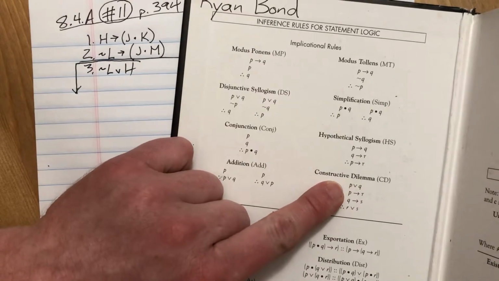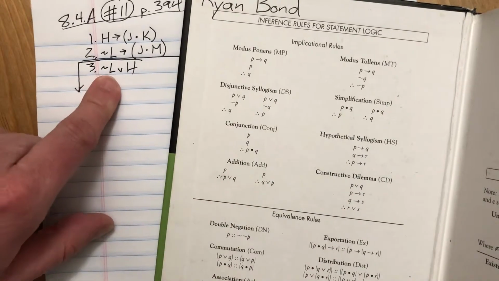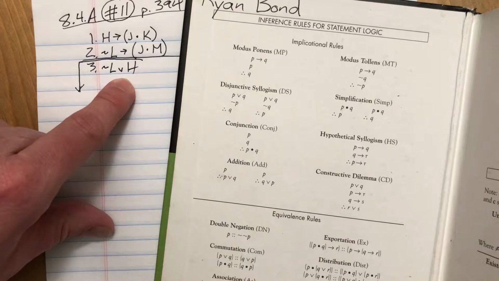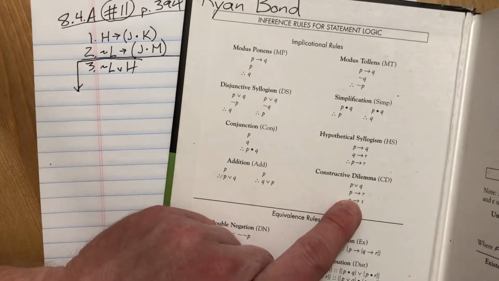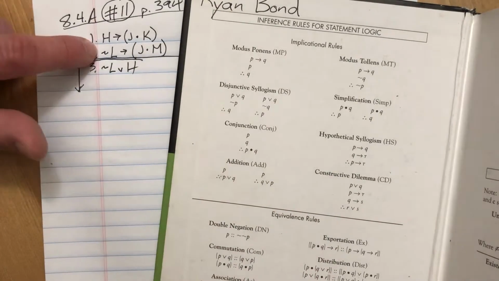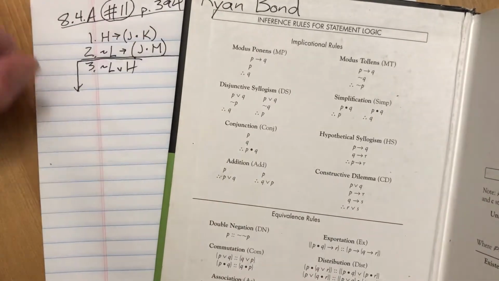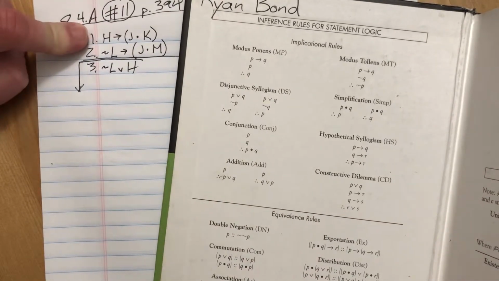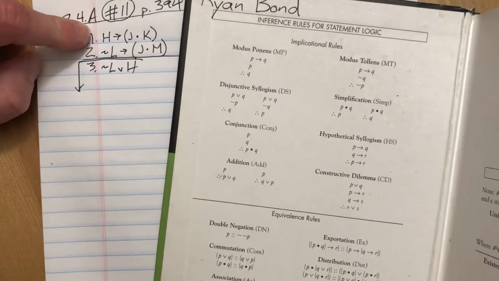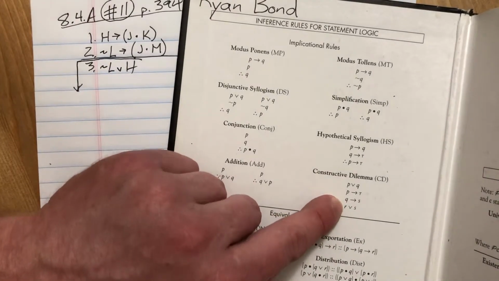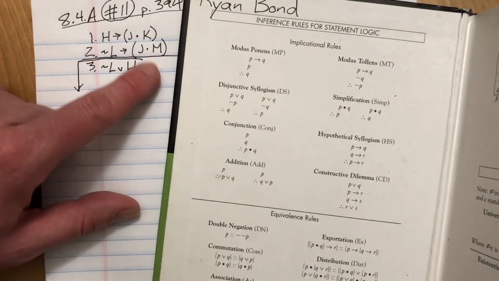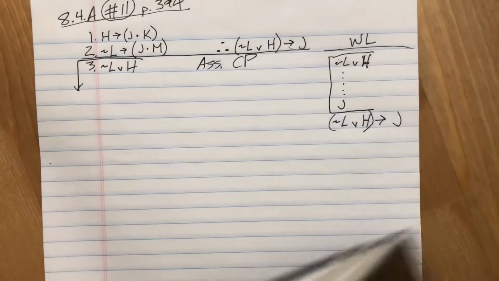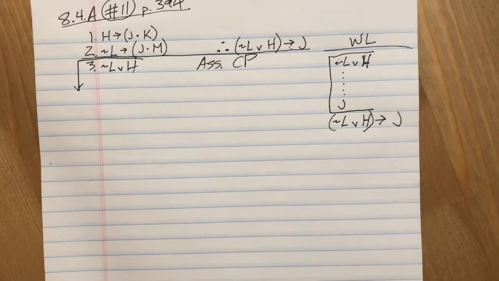Constructive dilemma. We have a disjunction, and then we have a premise that goes from the left side of the disjunct, line 2, to something else, and we have a premise that goes from the right side of the disjunct to something else. So it looks like we could use constructive dilemma. Let's go ahead and try that.